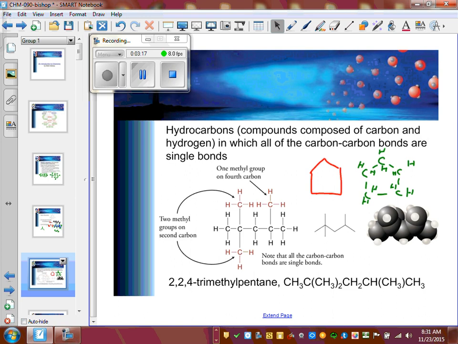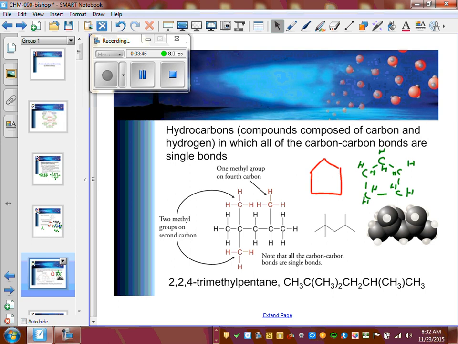Hydrocarbons are compounds composed of carbon and hydrogen in which all the carbon-carbon bonds are single bonds. We're not going to get too much into nomenclature because that's a whole different avenue. But basically here, you look at the longest chain of carbons, in this case 1, 2, 3, 4, 5 across.